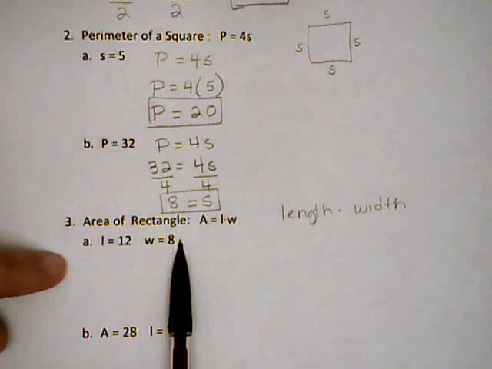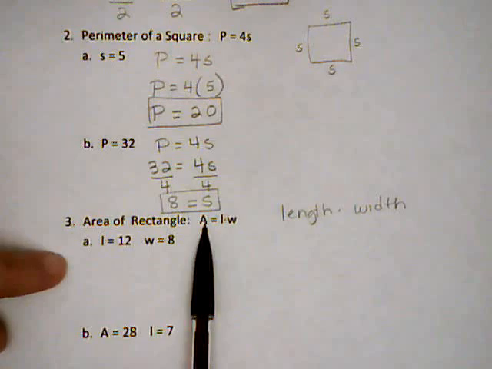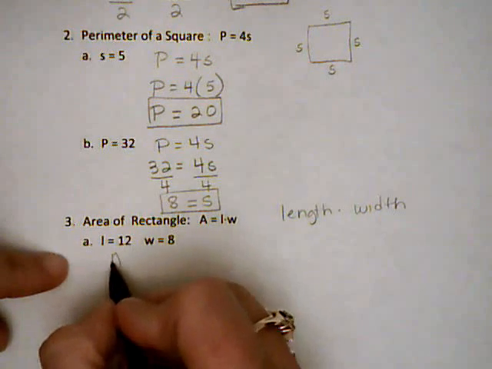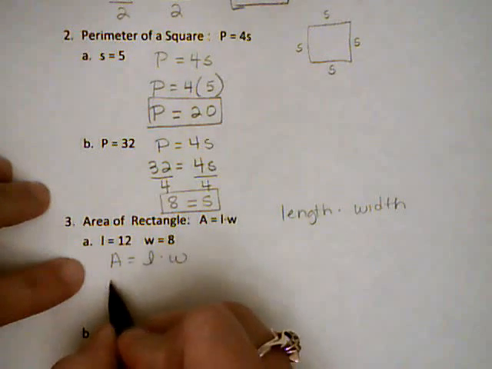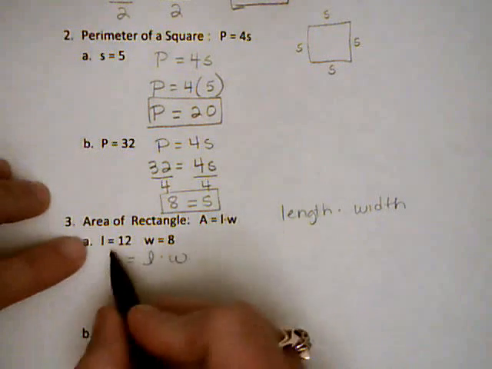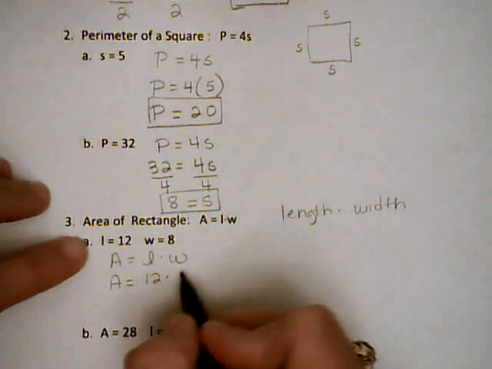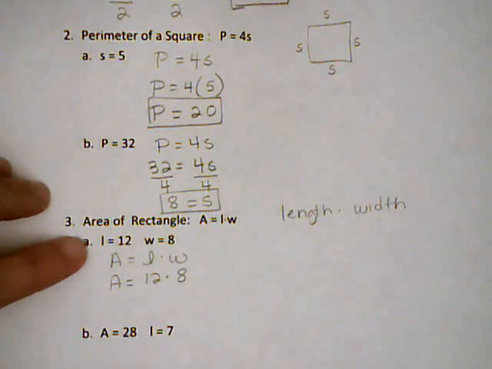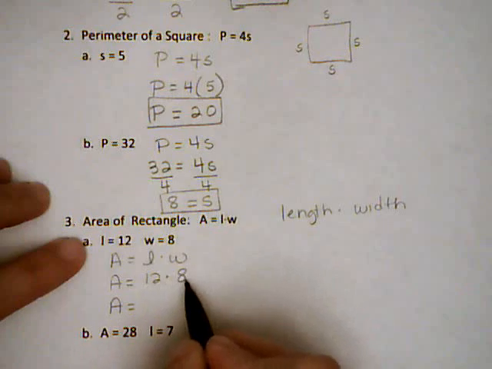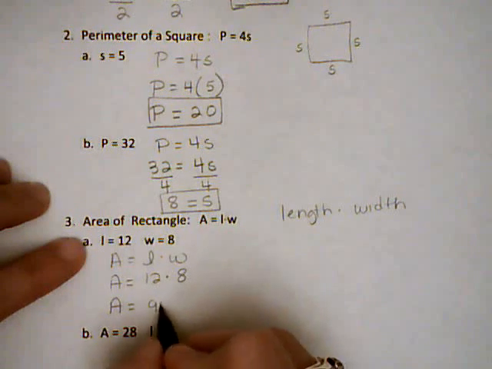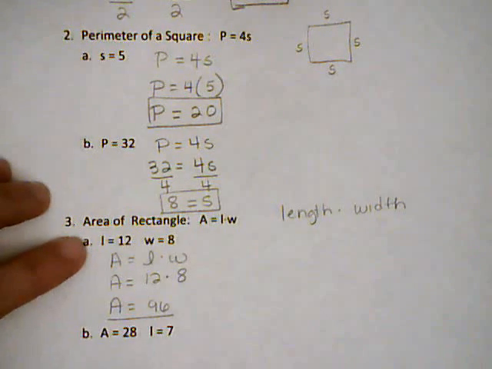What's the unknown variable? It's A. When I write my formula, A equals L times W, I do not know what A is, but I know that L is 12 and W is 8. To find A, we just multiply 12 times 8, which would be 96.